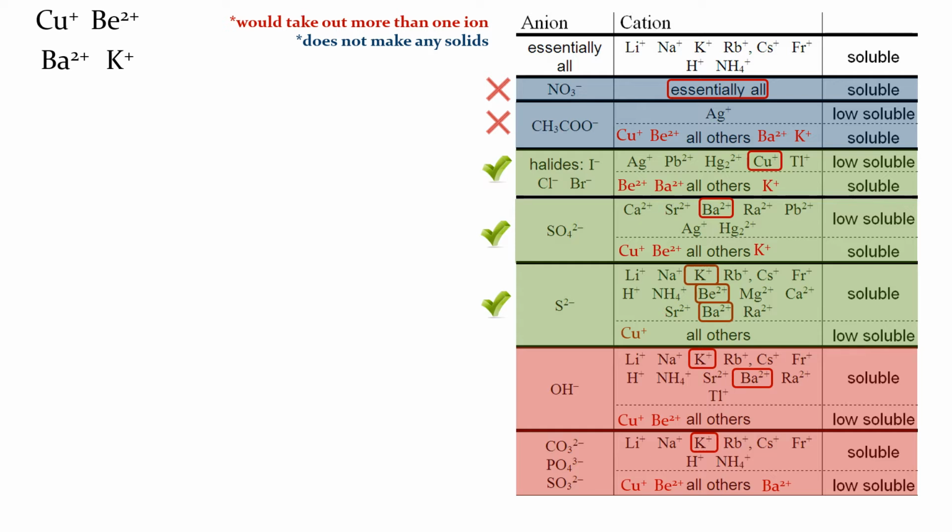So that means that my flowchart might look different than someone else's flowchart. They might use a different anion off the top, and that ion might wind up taking out a different cation off the top. So that means there are several different plausible solutions to this problem. When we get down to the bottom, hydroxide, carbonate, phosphate, and sulfite all cannot be used because they would form more than 1 solid.